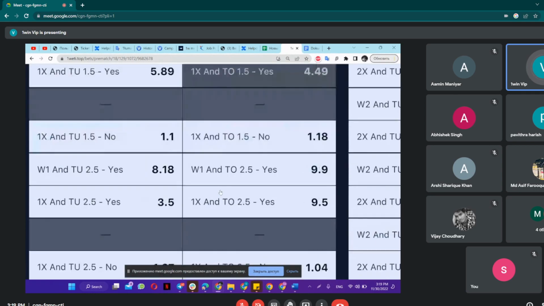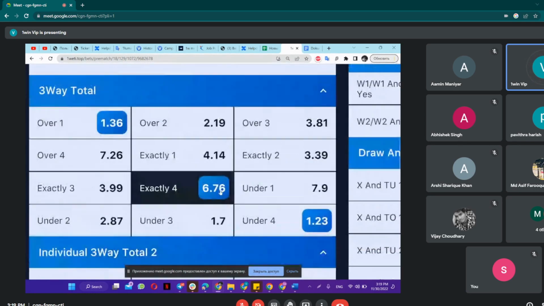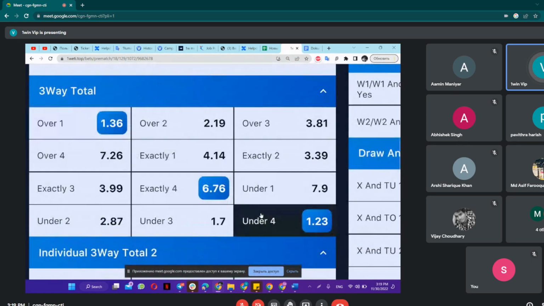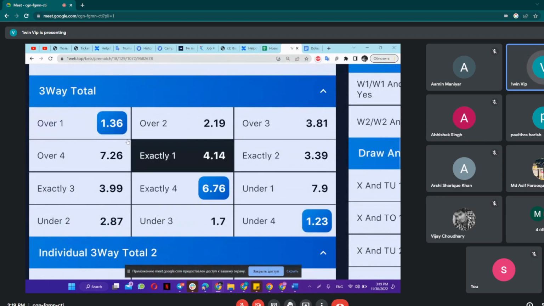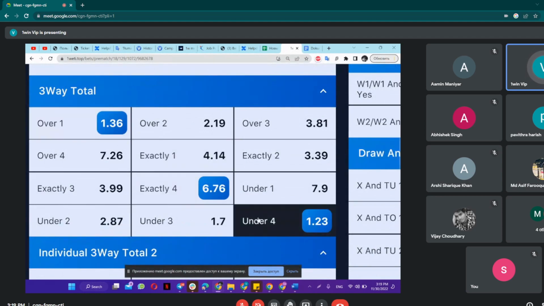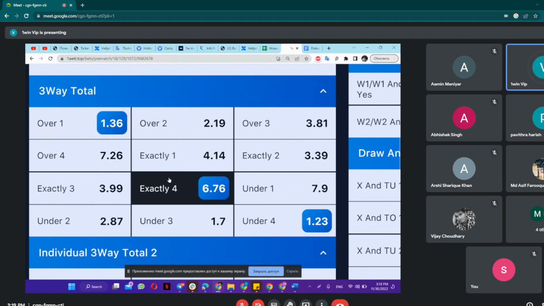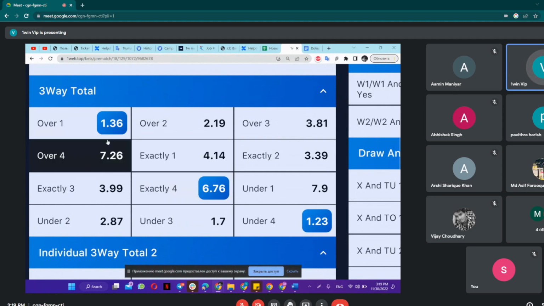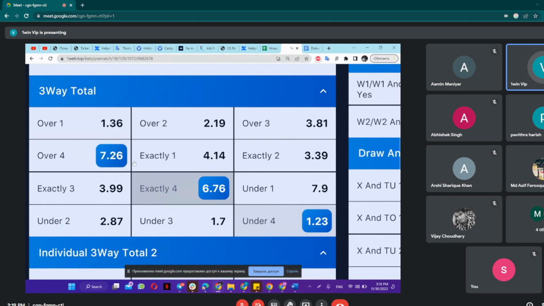But what will happen in a three-way total? In a three-way total, we have all three possible ways to bet on: over, under, and exactly. So what will happen in all of the cases?